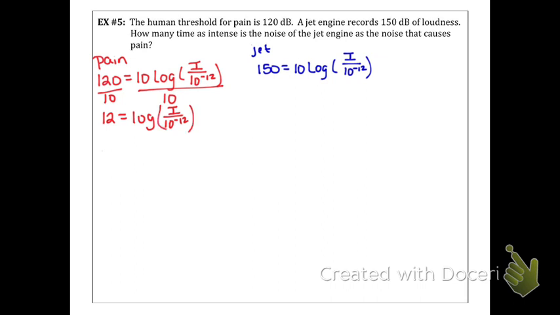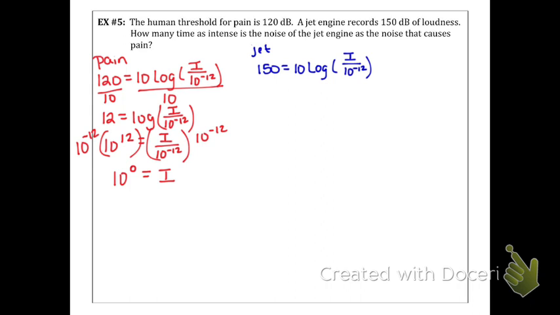And then I got log equals a number, so I'm going to change it to exponential. So b to the y equals our x. And then we'll multiply by that denominator to get it off the bottom. And so it gives me 10 to the 0 equals I. Now we know that 10 to the 0 is 1, but I'm going to hold off on that for a minute.